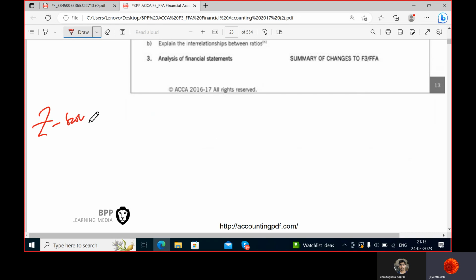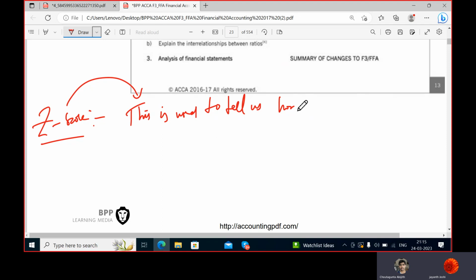Now next, because you are going to do the question, I'm going to give you a complete detailed analysis of this. The z-score is used to tell us how far from the mean the data point is, that means the point you are looking for.